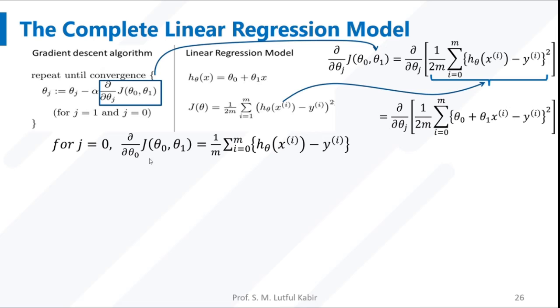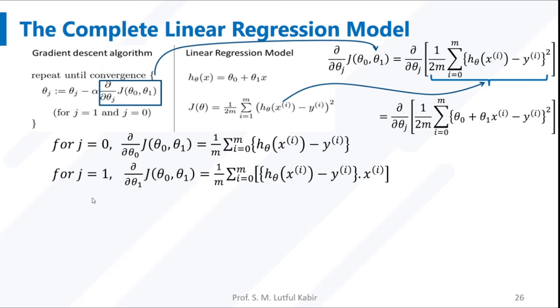If I take the derivative for theta 0, that means when j equals 0, it comes out to be this equation. Because if you take the derivative of this equation, the 2 in the power will come in front and the multiplying factor will be equal to 1 by m. Since you are taking the derivative with respect to theta 0, which is a free quantity, the derivative of this term will be multiplied by 1.